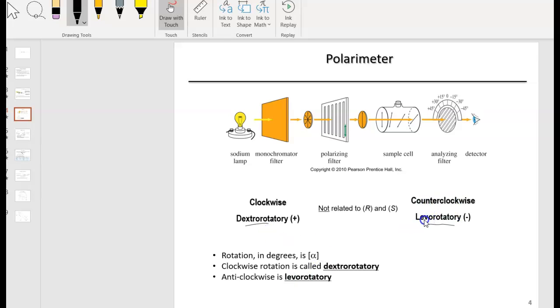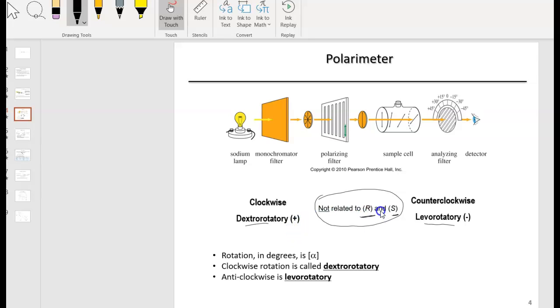it's called levorotatory. But you have to be careful to note that dextro and levo are not related to R or S. Remember that R and S configurations were assigned only to distinguish one enantiomer from the other in terms of naming. However, it's not related to their optical activity at all.